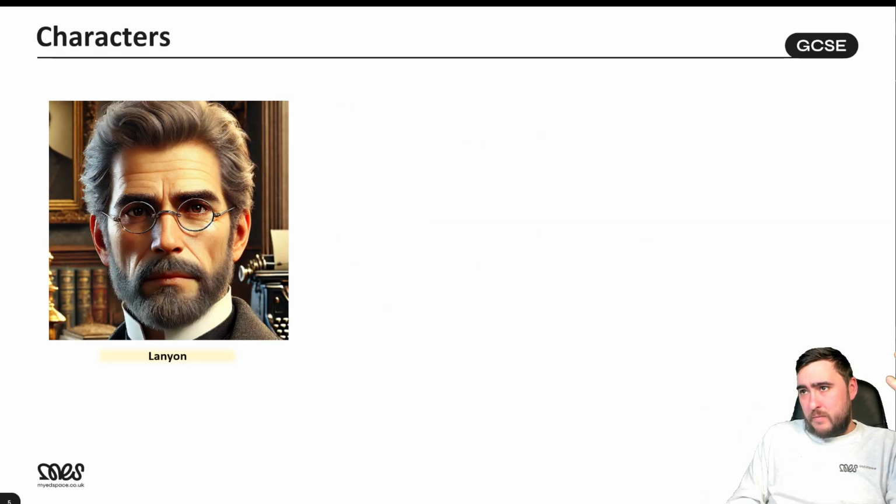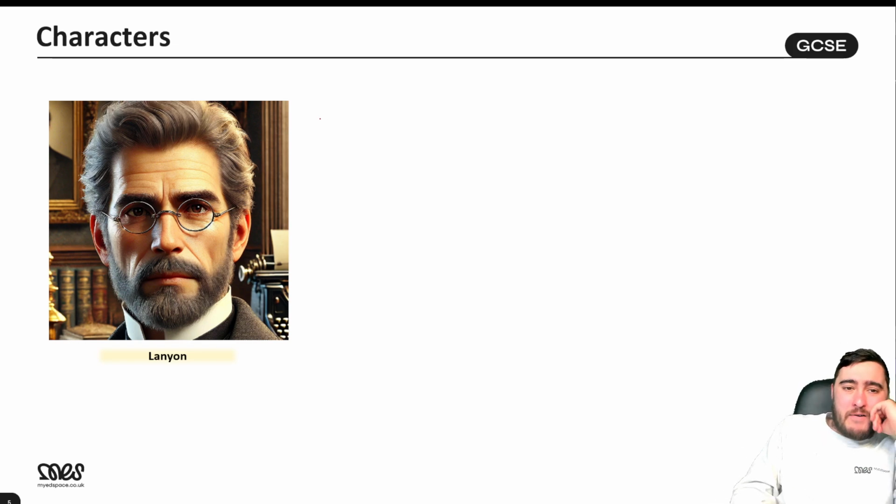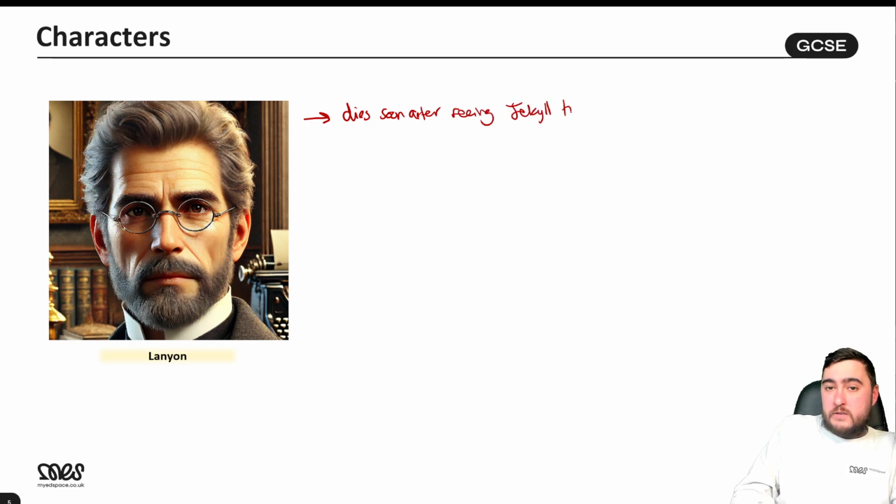Now we're getting into, I guess, some of the more minor characters. Lanyon, I mean, what does Lanyon exist for? The main event that obviously he's involved in is the fact that he dies soon after seeing Jekyll turn into Hyde.